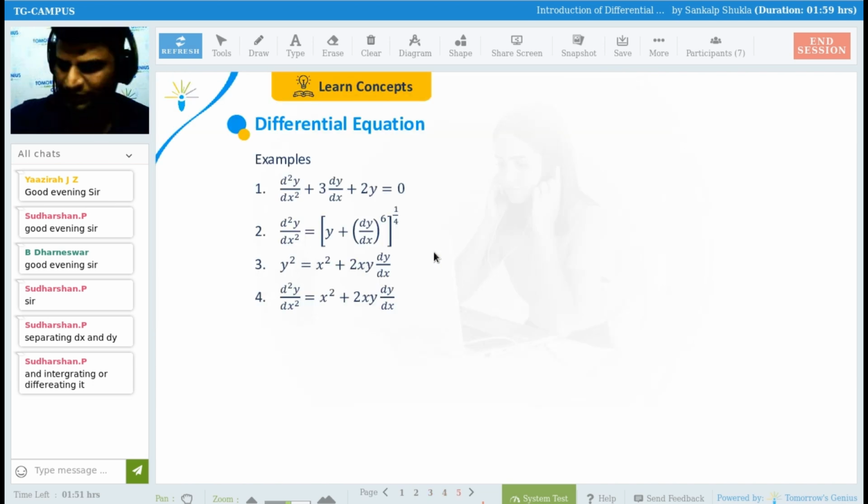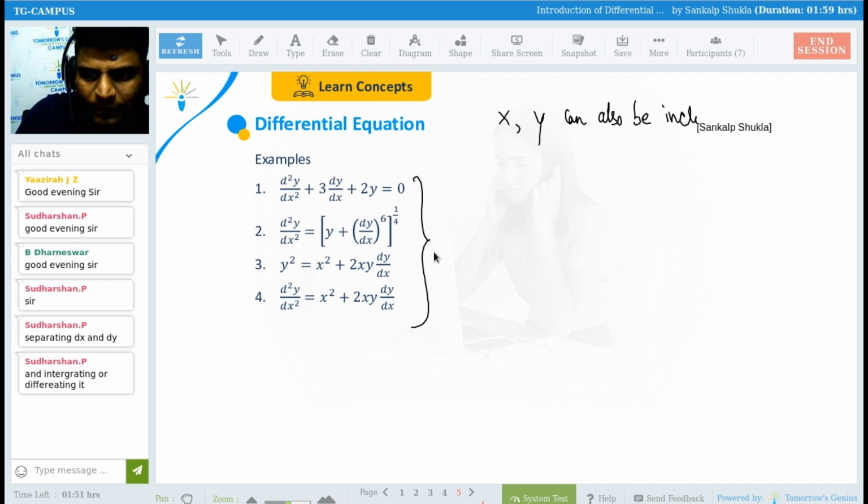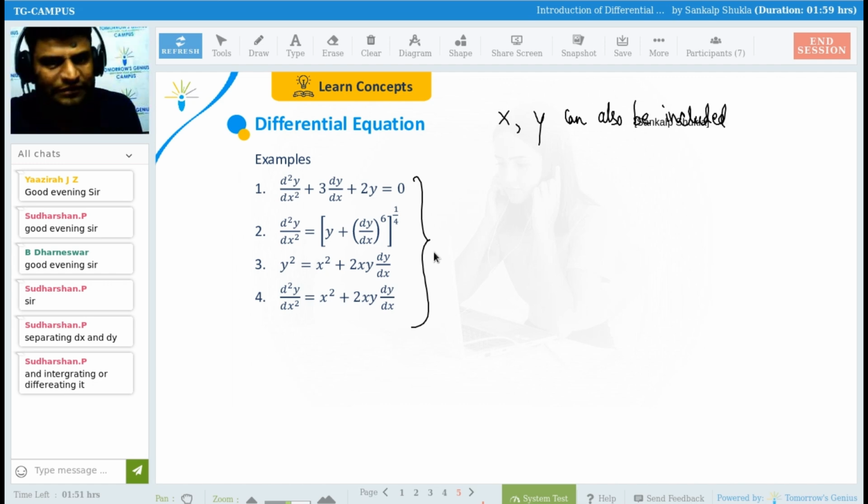Okay, fine. See, now these are some examples of differential equations, like d2y by dx2 plus 3 times dy by dx plus 2y is equals to 0. See, you can have x and y also included, but the main variable is the differential element.